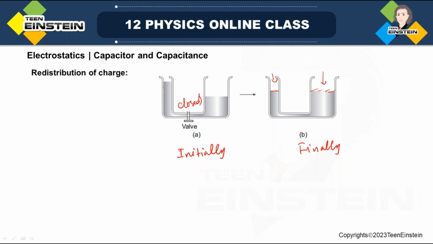Hence it doesn't matter whether the volume is more here. Suppose the volume is V1 here and V2 there. Even though V2 is greater than V1, the liquid is coming down from the left arm to the right arm, and this flow will continue until the height in the two arms becomes equal.